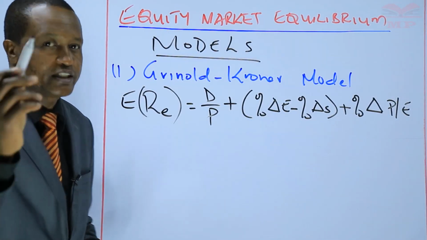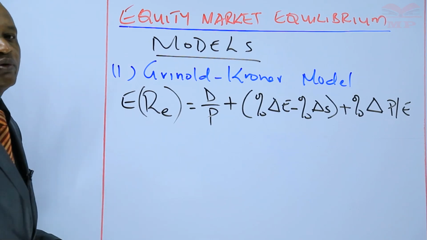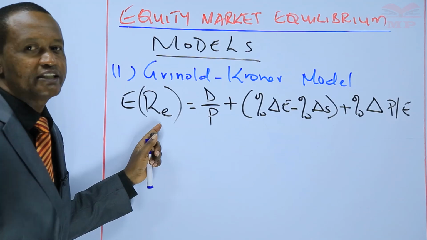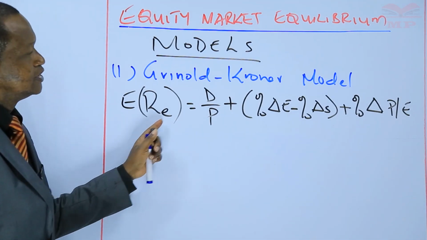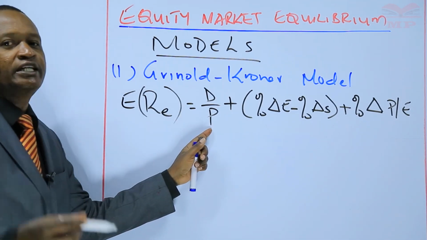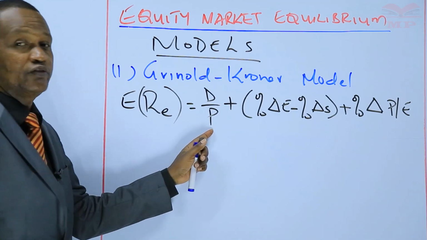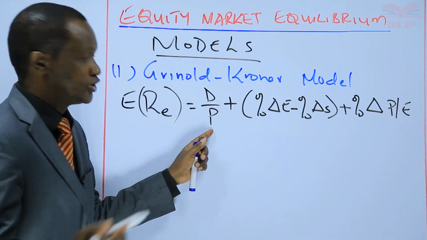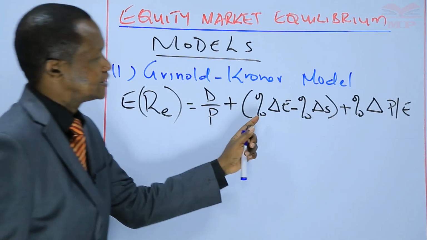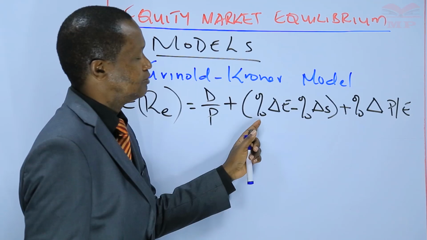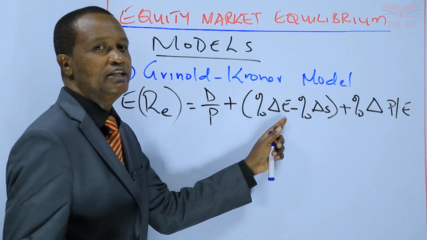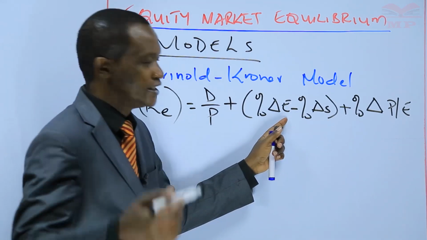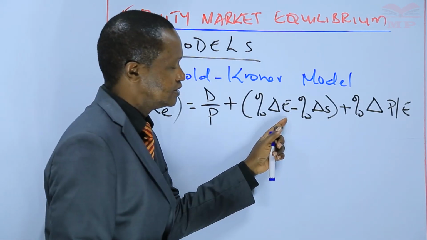All right? That is the model, where ERE is the expected equity return. D over P is the dividend yield. We know the formula for dividend yield is the dividend per share over the market price per share. The percentage change E is the expected percentage change in total earnings.